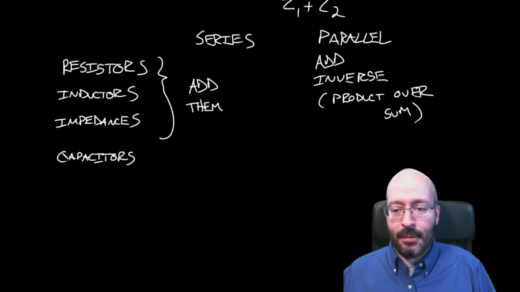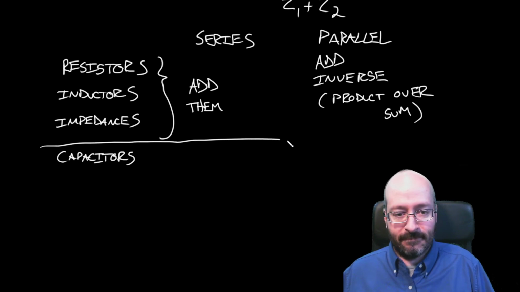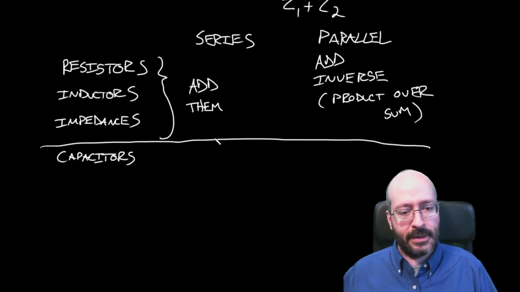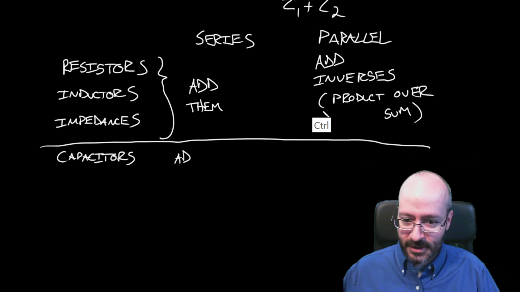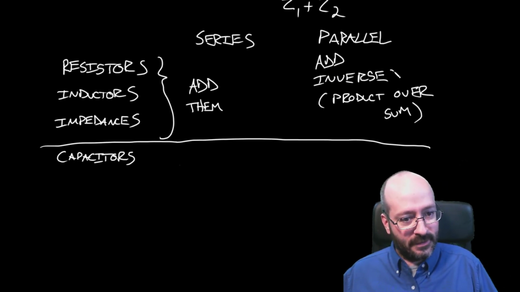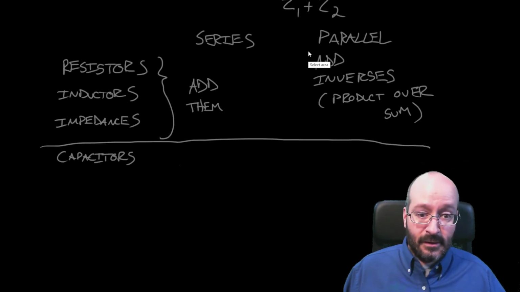Okay, the oddball is the capacitor. Okay, almost like it just needs to do its own thing. Add the inverses. Hold on, we're going to cheat. Cut and paste our way to glory. Okay.